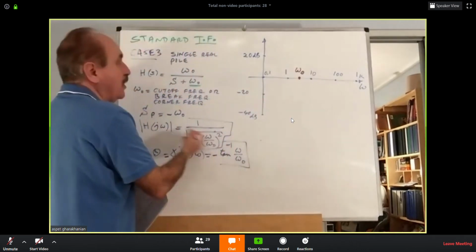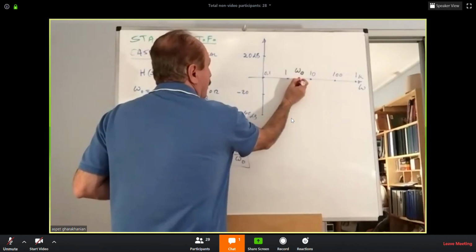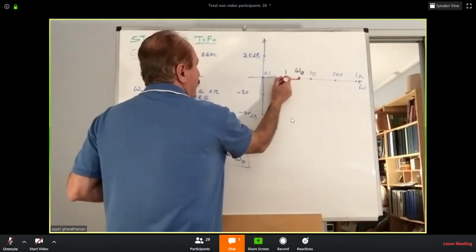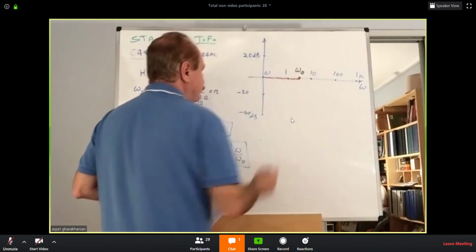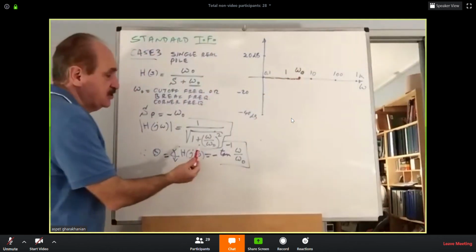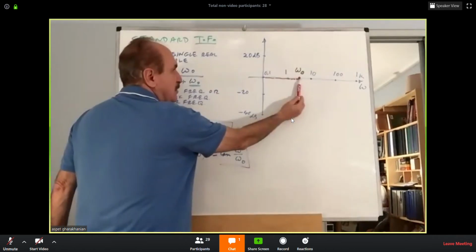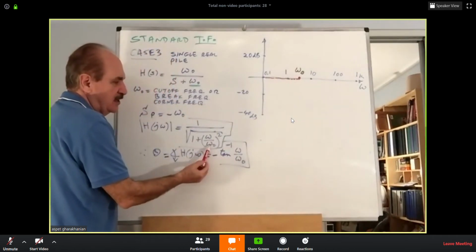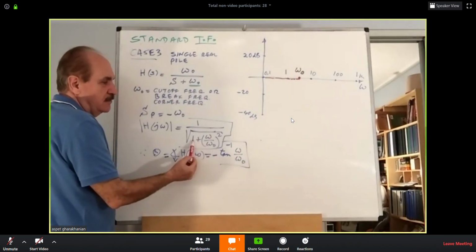Now, to construct the Bode plot, draw a horizontal line. What's the significance of that line? It says if omega happens to be less than omega O, that number will be much, much less than 1.